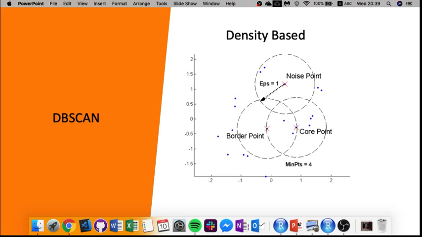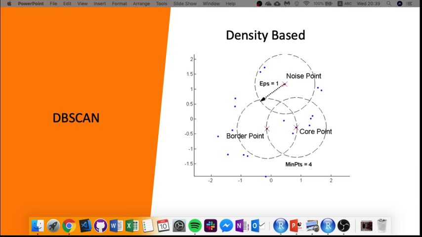So we are going to talk about dbScan. It is a density-based clustering algorithm. In this algorithm, we have 3 categories of points, as we can see in the image. The first category is core points. Those points have in their neighborhood at least 4 points in our example, or as many as we would like in another example.